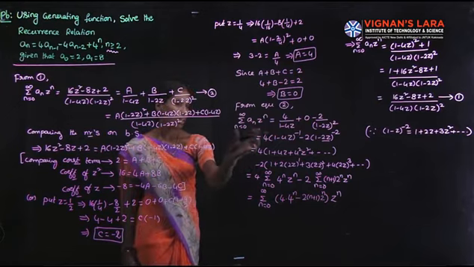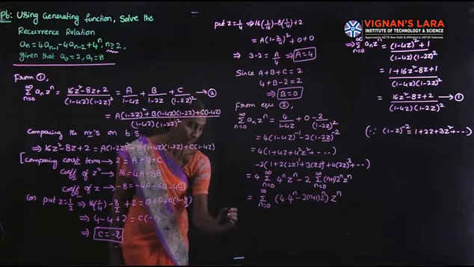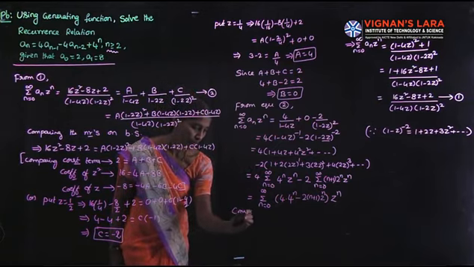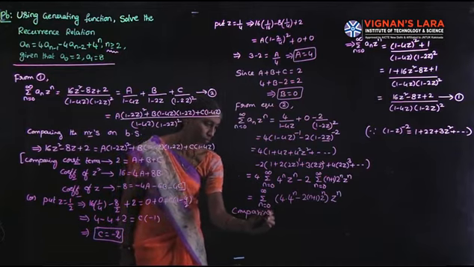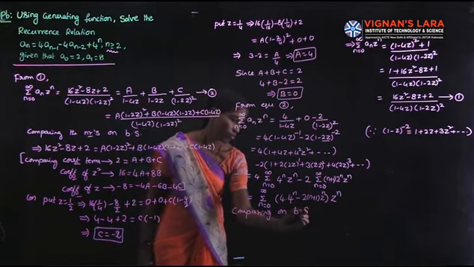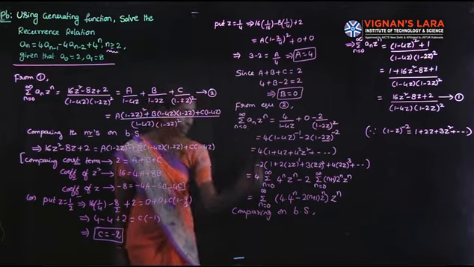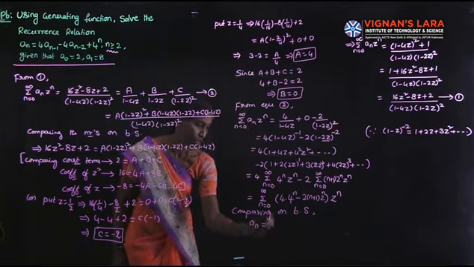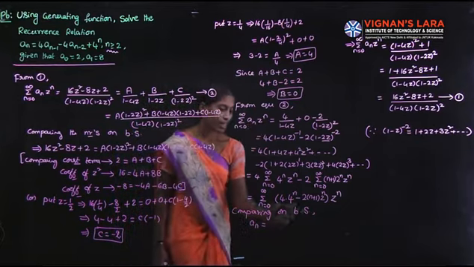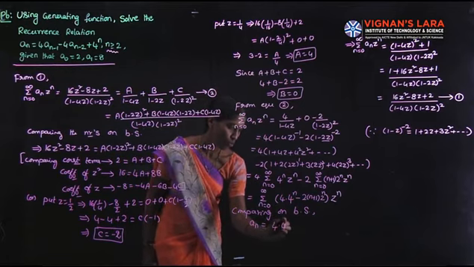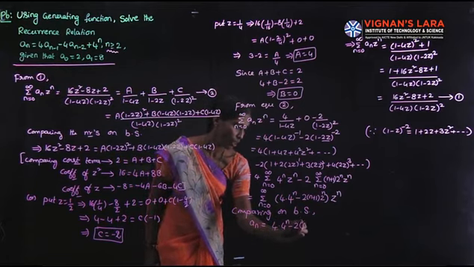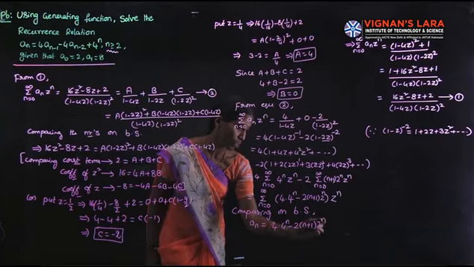Now comparing on both sides, we will get left side a n is equal to right side 4 into 4 power n minus 2 into n plus 1 into 2 power n.